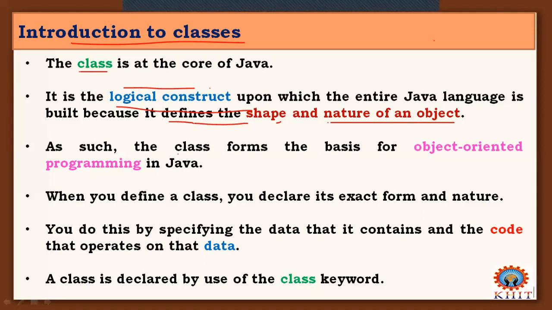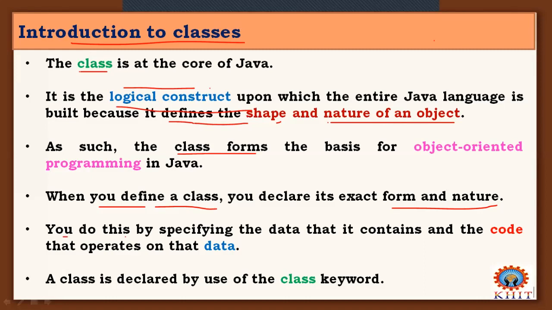This class is the main means to implement object-oriented programming in languages like C++ and Java. When you define a class, you declare its exact form and nature. When we define a class, we give the total behavior and properties of a particular object. Then in programming, we can create objects related to this class, or instances of that particular class.